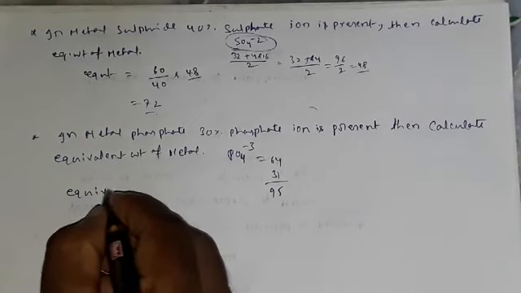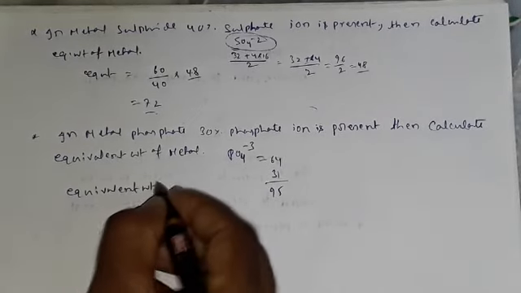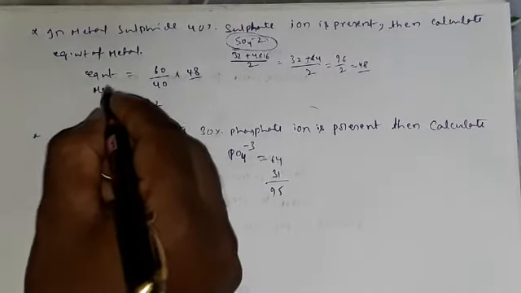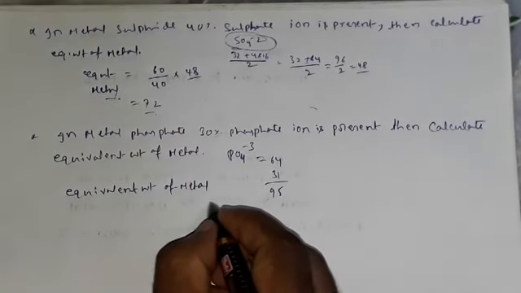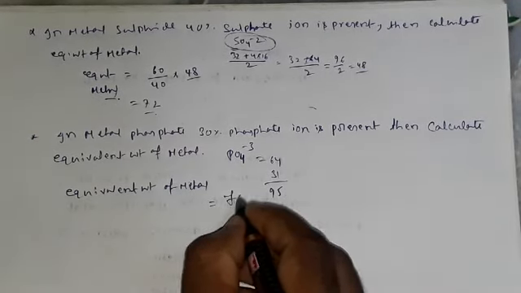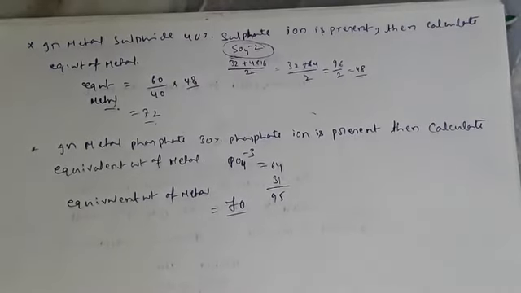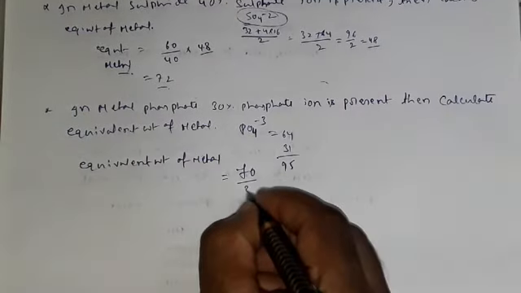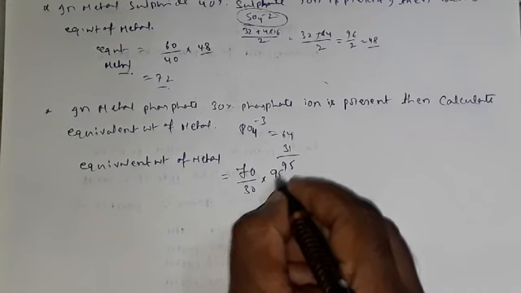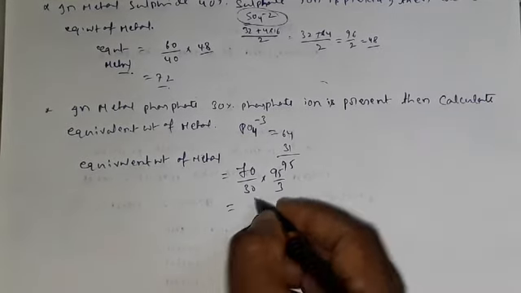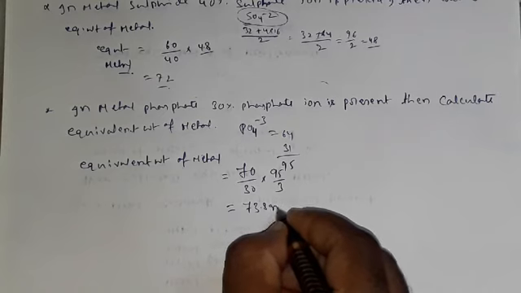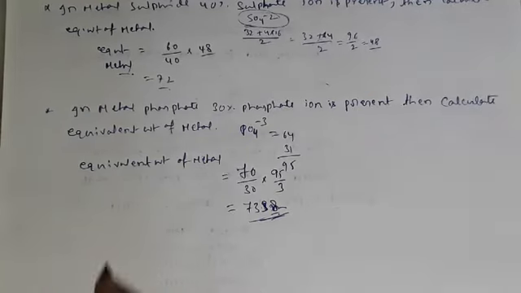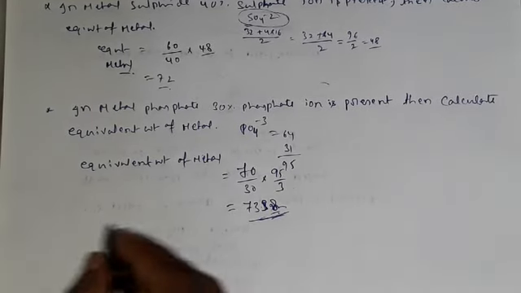So equivalent weight of metal equal to 70 by 30 into 95 by 3. So the answer is 73.3 equivalent.